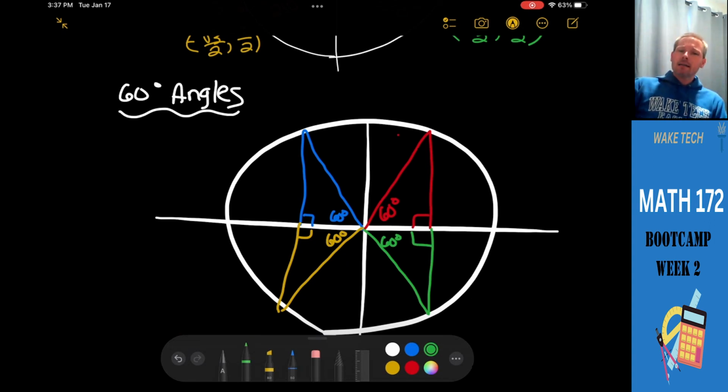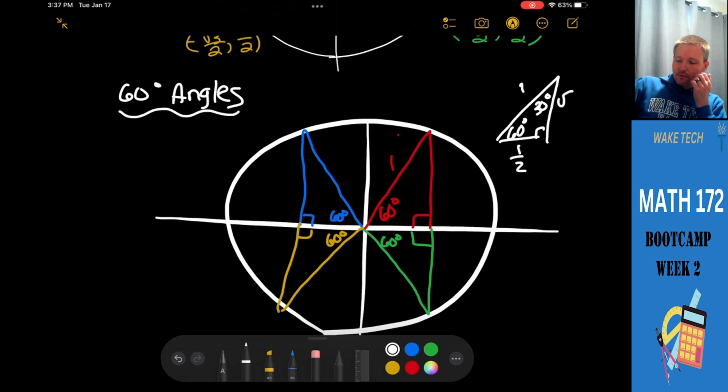Okay, so we've labeled these already, though. It's still a 30, 60, 90 triangle. Let's just think about the one over here in quadrant 1. The hypotenuse is still 1. And across from the 30-degree angle is still a half. Across from the 60-degree angle is still the square root of 3/2.